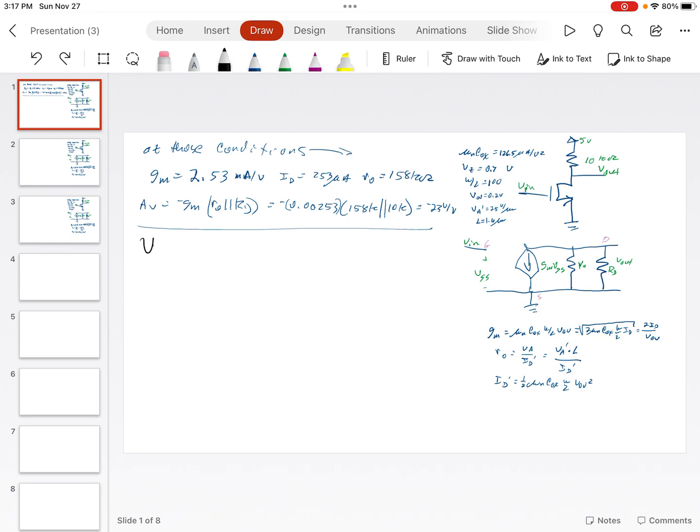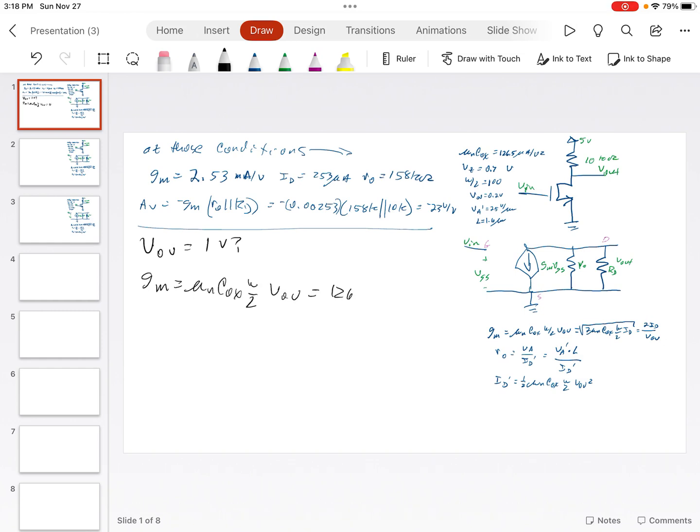So what if we had a V overdrive of 1 volt? In this case before, we had 0.2 volts, but now I want to use 1 volt. So it's a larger V overdrive. That means a larger VGS. So the transconductance, we can find it from UN Cox W over L times V overdrive.